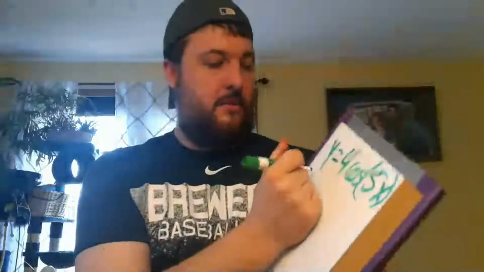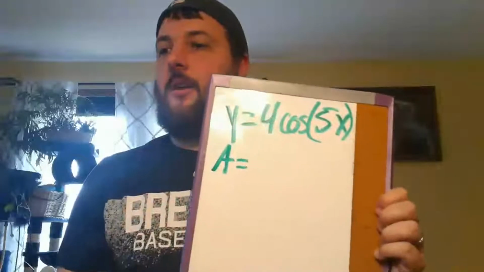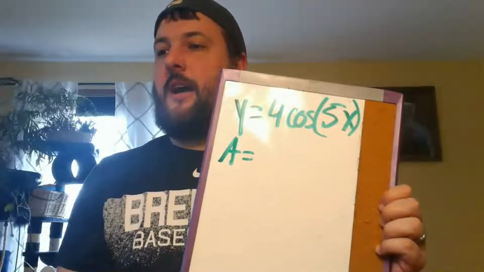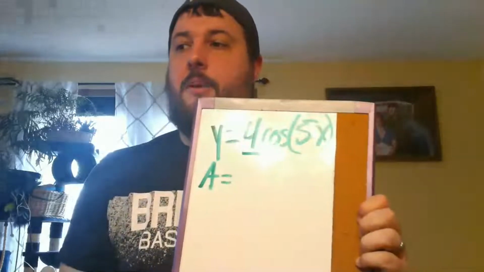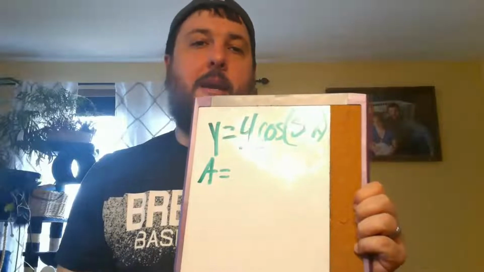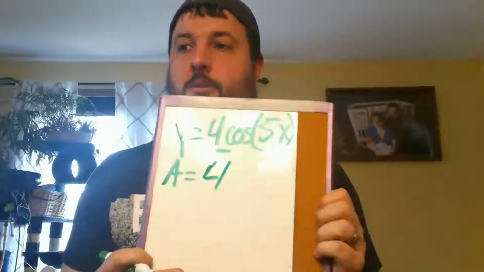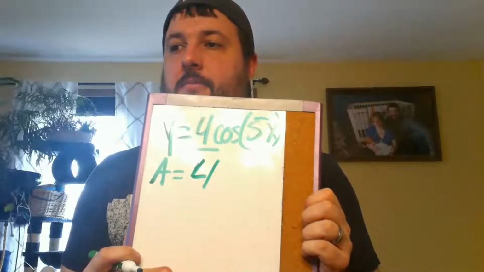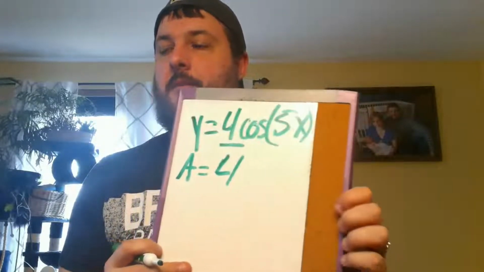So amplitude, whether it's sine or cosine, is just the absolute value of that number. If it's negative, you'd make it positive, but since it's positive, the amplitude is 4. Pretty easy, right?